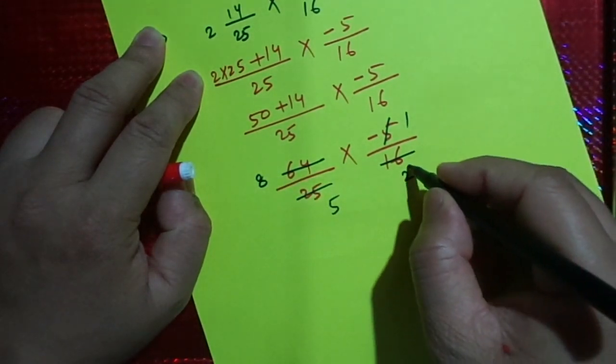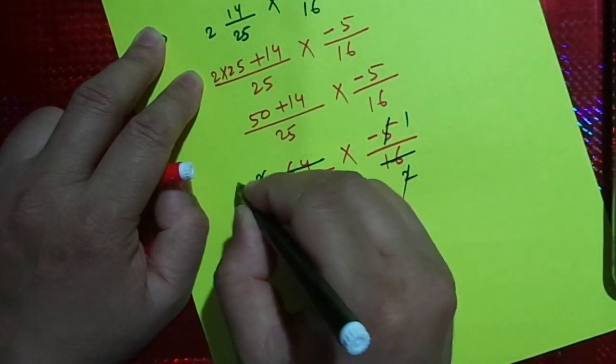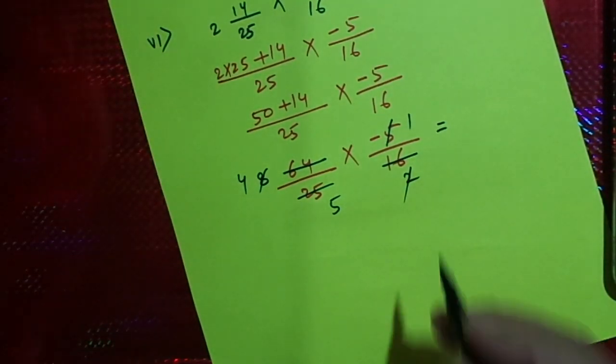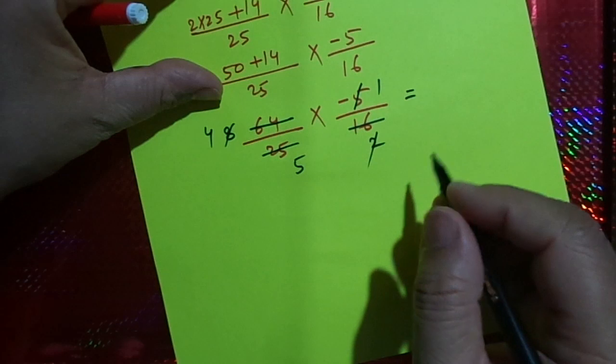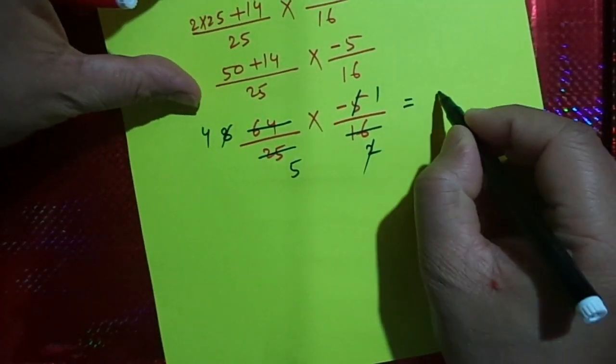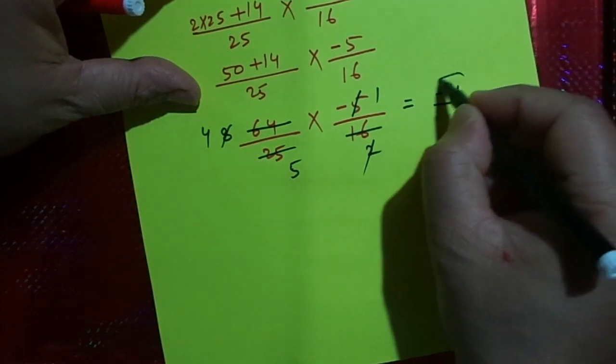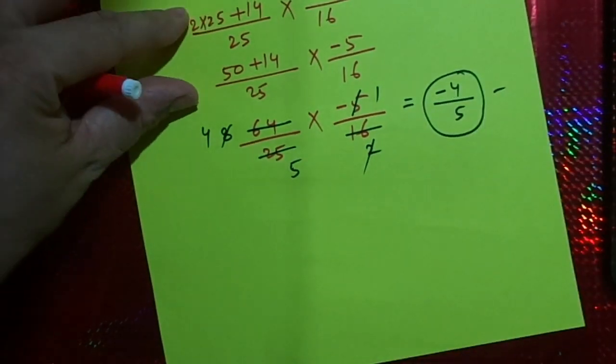Once again they can get cancelled, 2 1 times and 2 4 times. So we have our solution as minus 4 by 5. So this is your final solution.